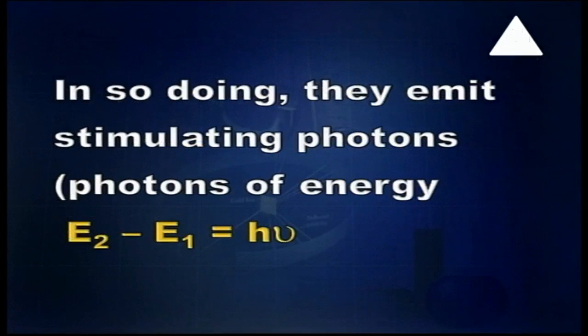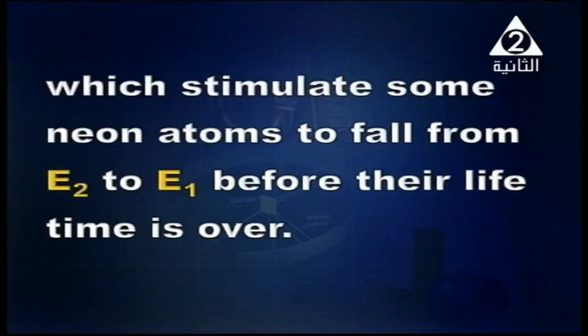Of course, h stands for Planck's constant, and nu is the frequency of the radiation produced, which stimulates some neon atoms to fall from E2 to E1 before their lifetime is over.